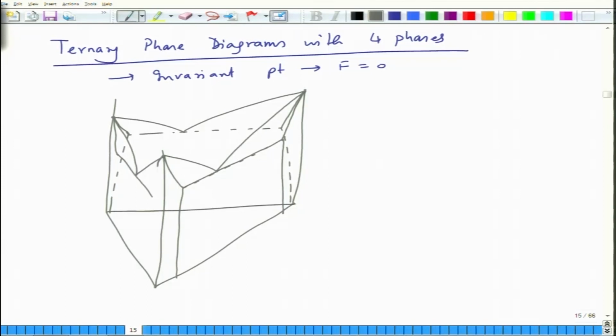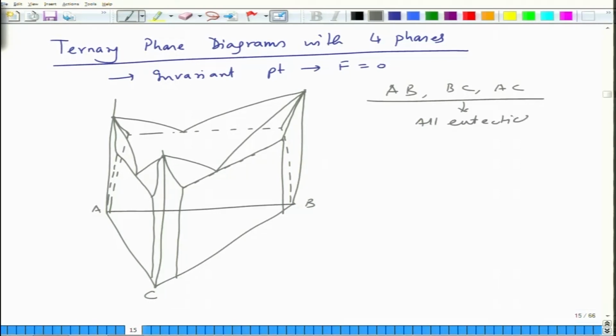So let us say you have this system A, B, C. Basically you have AB, BC, AC, all three eutectics. So here you have a ternary reaction where liquid gives rise to alpha plus beta plus gamma.